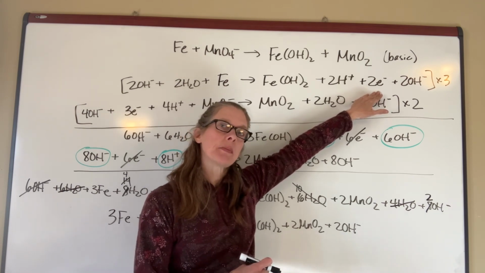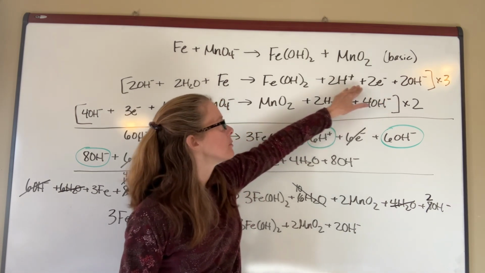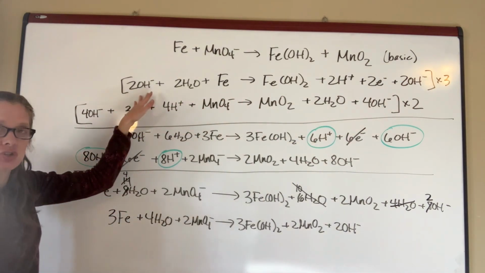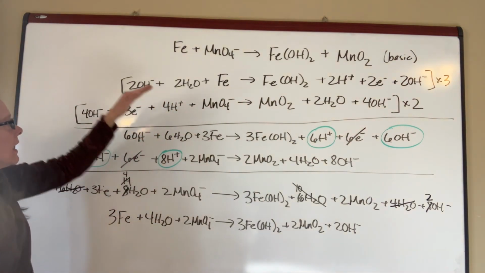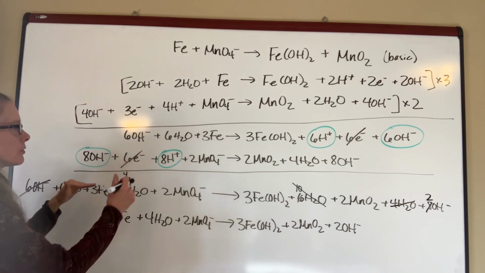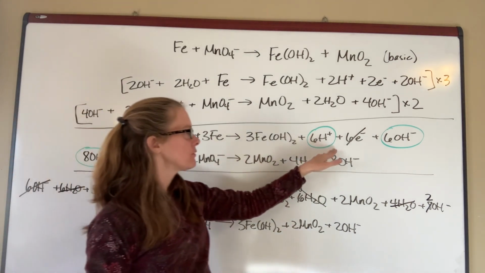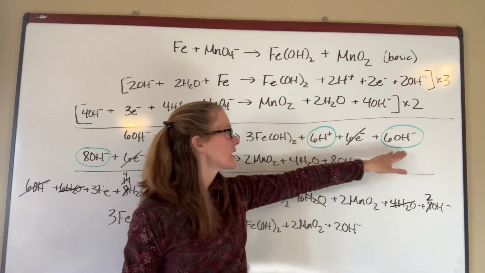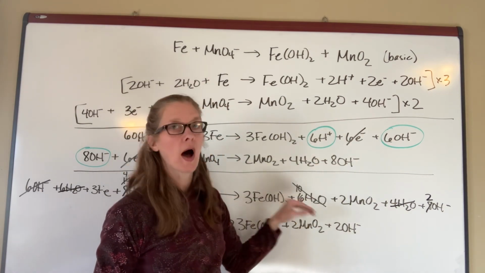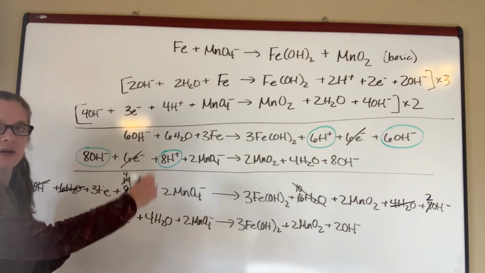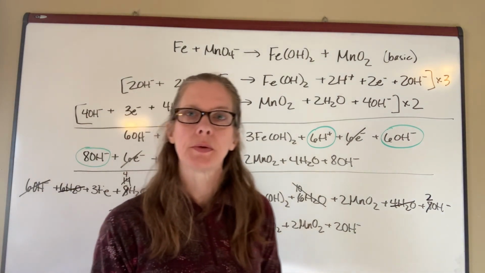The extra step comes then when however many hydrogen ions you've added, you have to add the same number of hydroxides to both sides, okay? Then when you bring that down, and then when you start simplifying everything, remember that hydrogen ions and hydroxide ions add together to make waters. And then once you get down to this step, then it's just long and messy and you have to make sure you cancel everything right, okay?